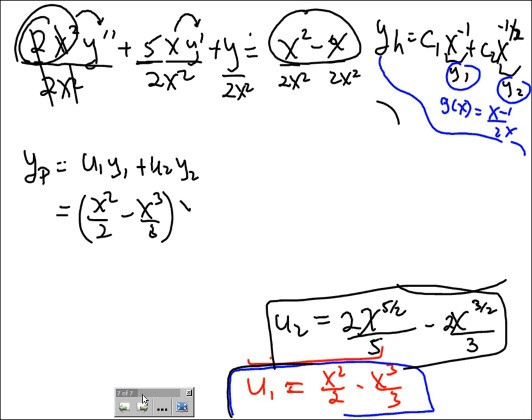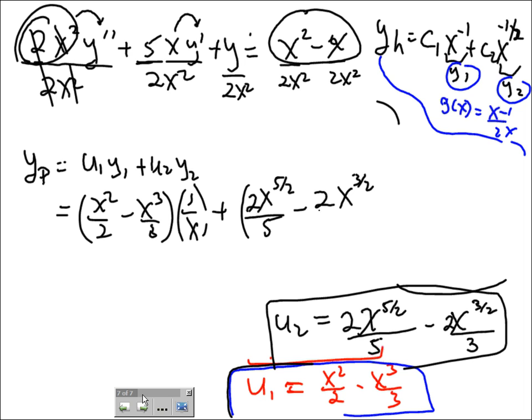So y1 is x to the negative 1. I'm going to write that as 1 over x. Plus u sub 2, which is 2x to the 5 halves over 5 minus 2x to the 3 halves over 3 times y2, which is x to the negative a half, or 1 over x to the half.